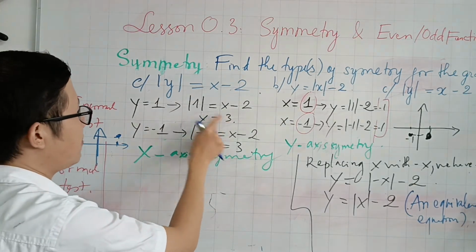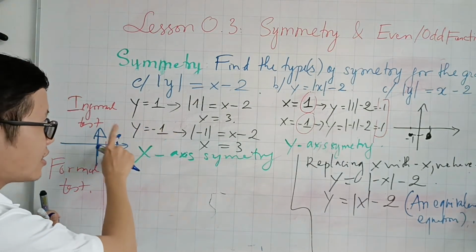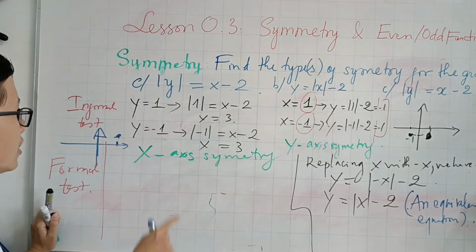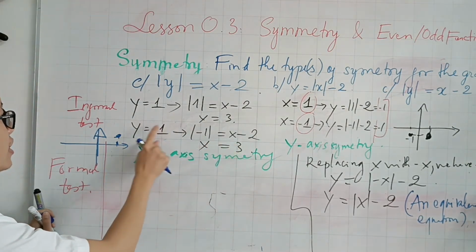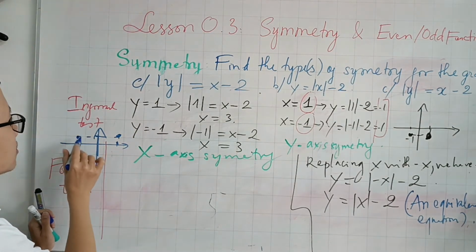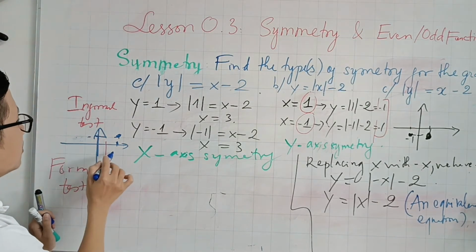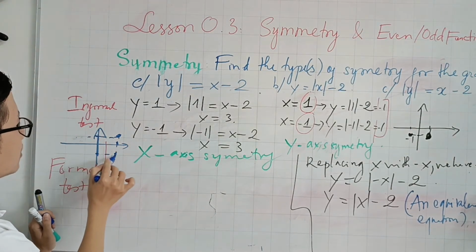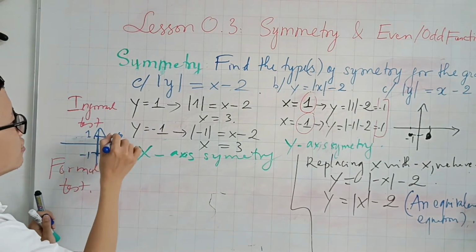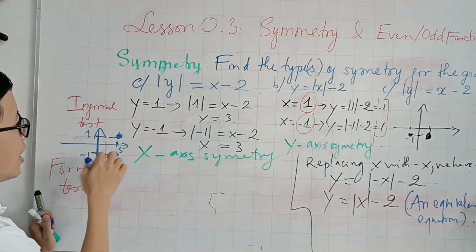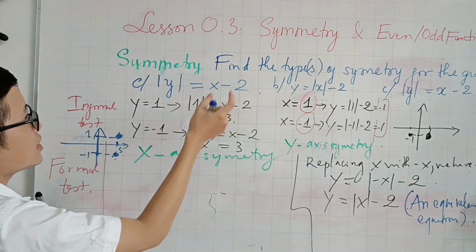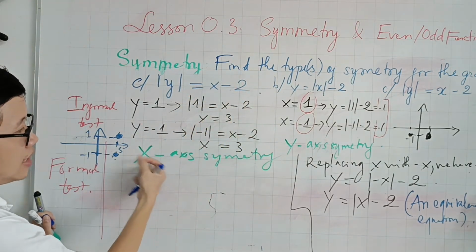It is positive and positive, so it lies in the first quadrant. And the second one is (3, -1), in the fourth quadrant. So these 2 points reflect across the x-axis. So this type of symmetry of the graph is x-axis symmetry.